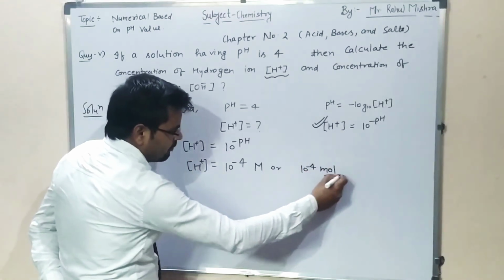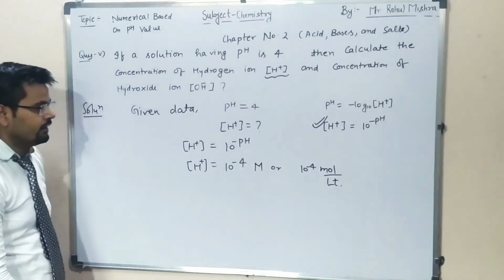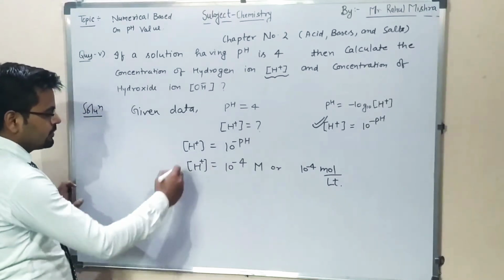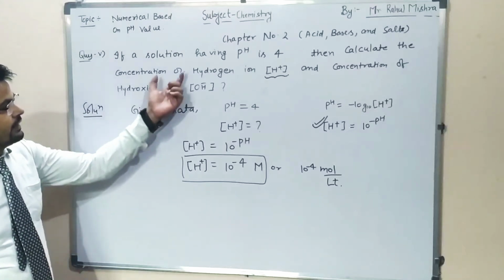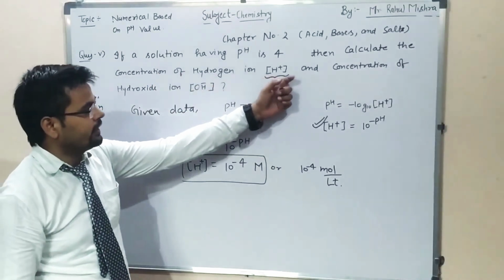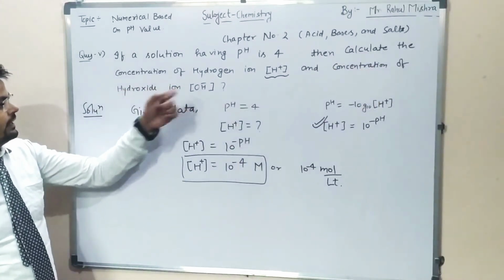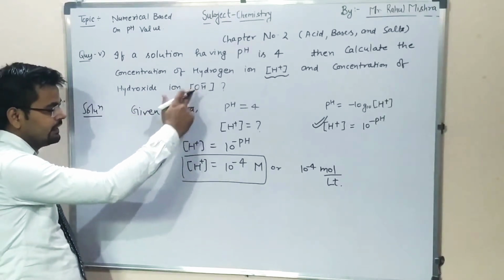Capital M means mole per liter. So this will be the concentration of H plus ion. So listen, in this question, second thing, you have to calculate the concentration of hydroxide ion. Hydroxide ion is also called hydroxyl ion.